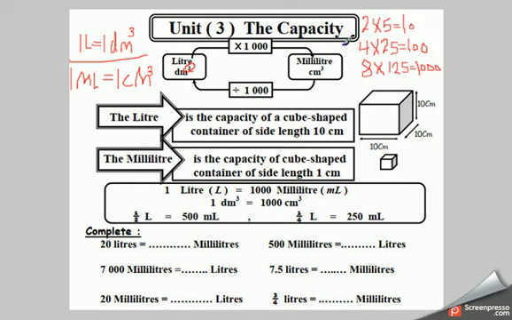Okay, so when I want to convert from liter to milliliter, I should multiply by 1000, or increase the number by 3 zeros.